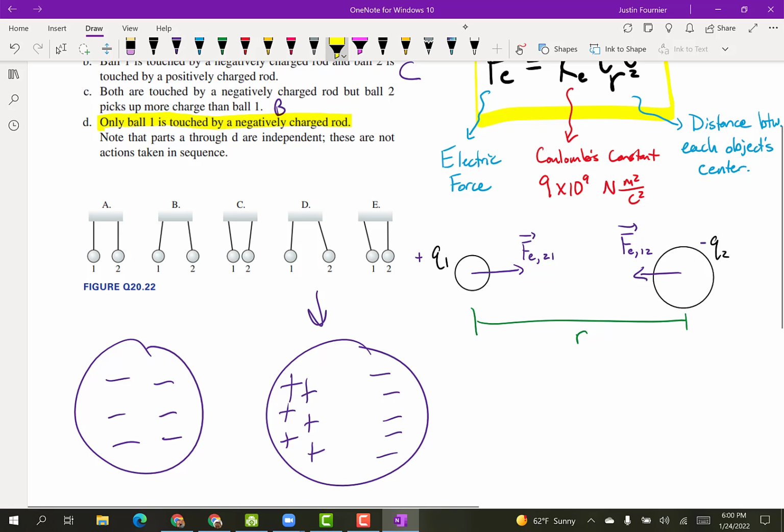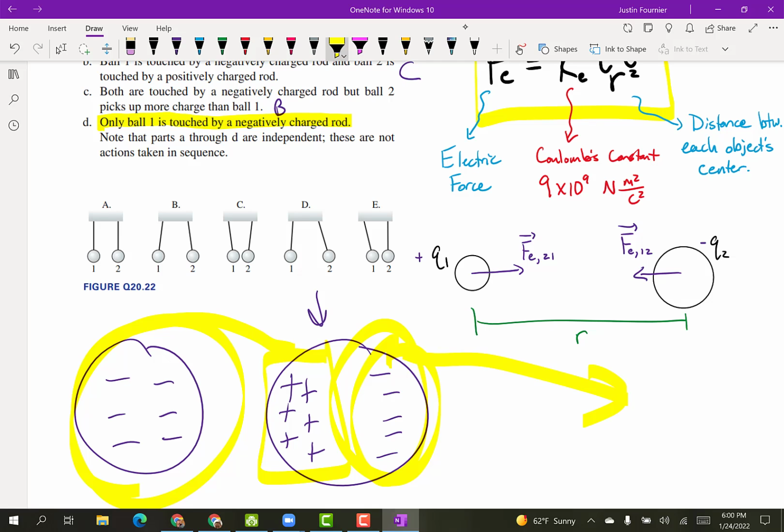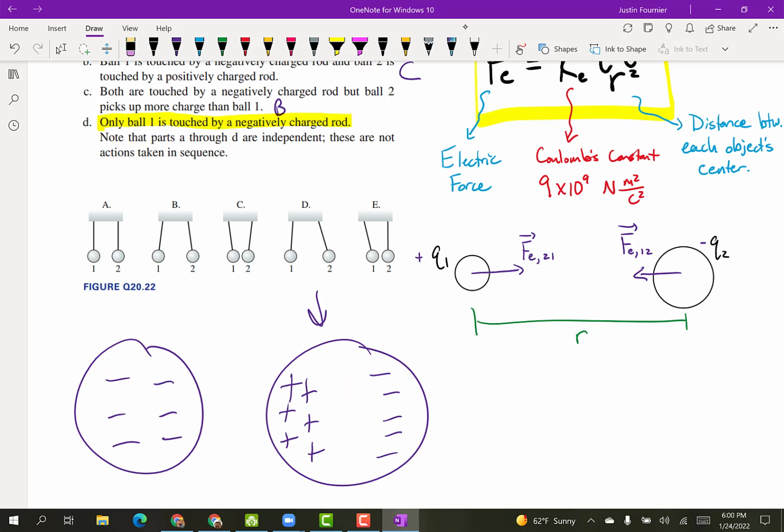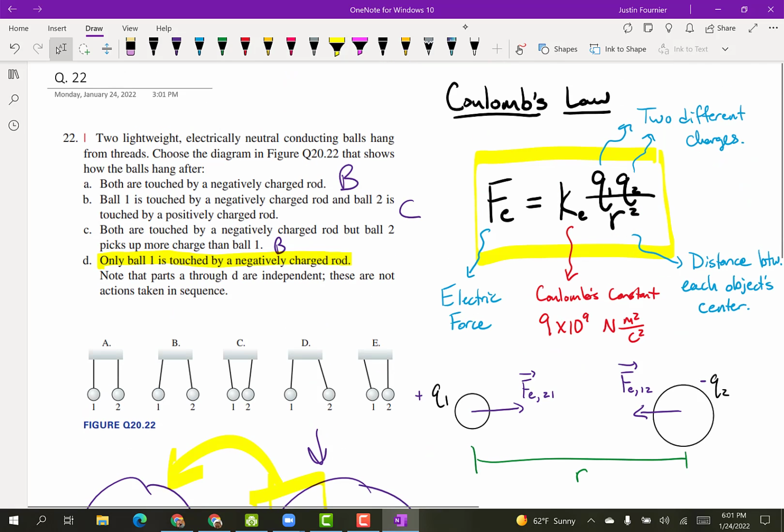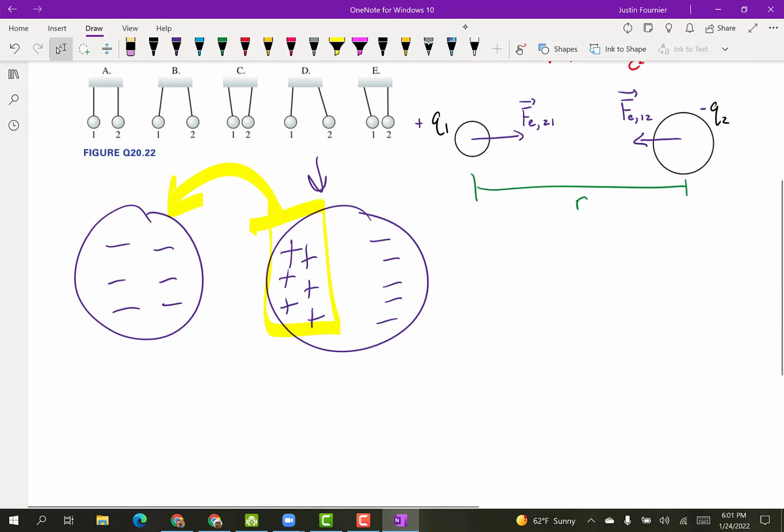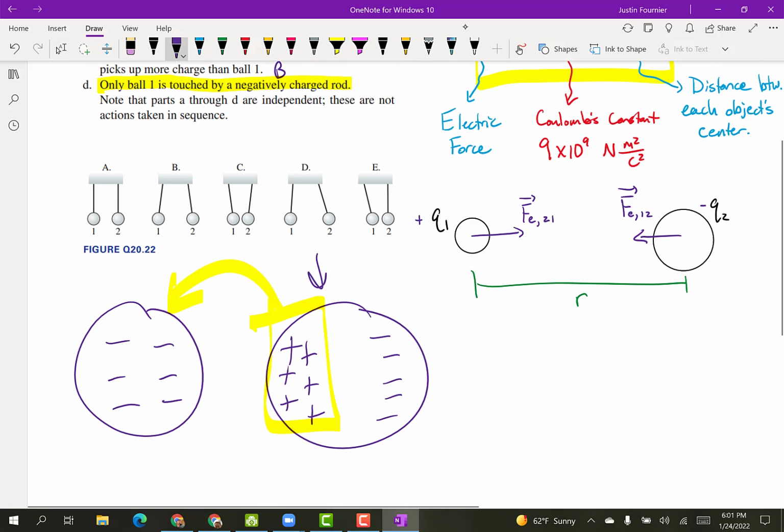So we've got positive charges here that are attracted to the negative ball, and negative charges here that are repelled by it. But the positive charges are closer in distance to the negative charge, and Coulomb's law depends on distance. So we get attraction as a result, and they feel equal attraction, so we're going to get C.